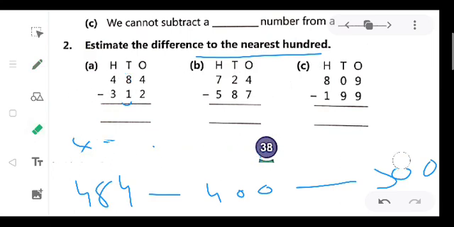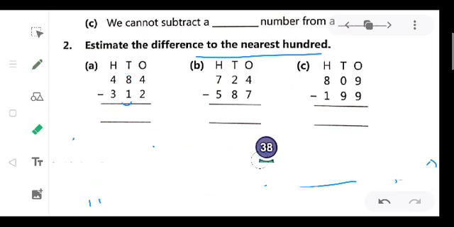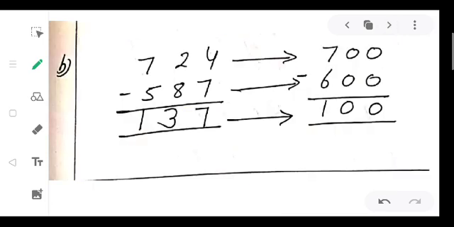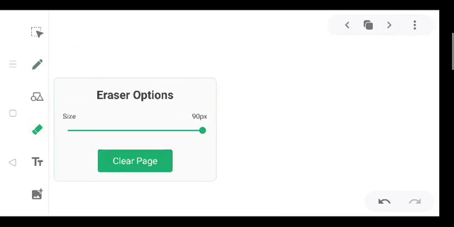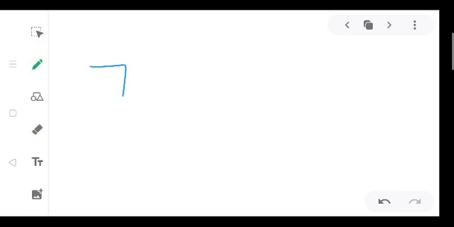See next, B part. 724 minus 587, we have to round off their difference to the nearest 100. We can do it in this way also. I write here 724 minus 587.